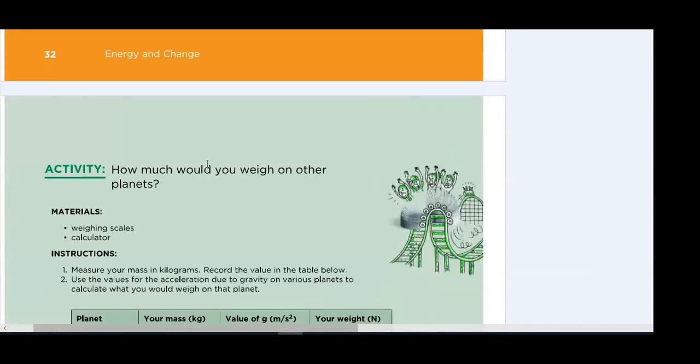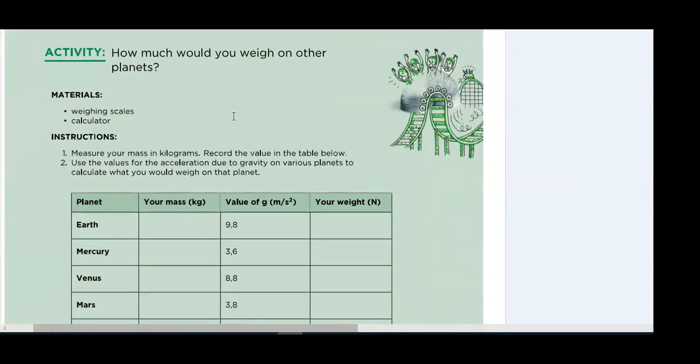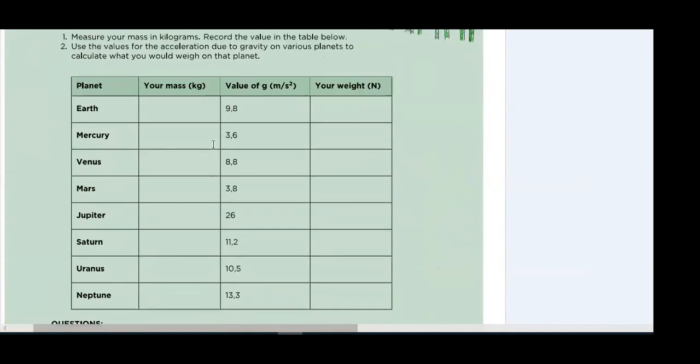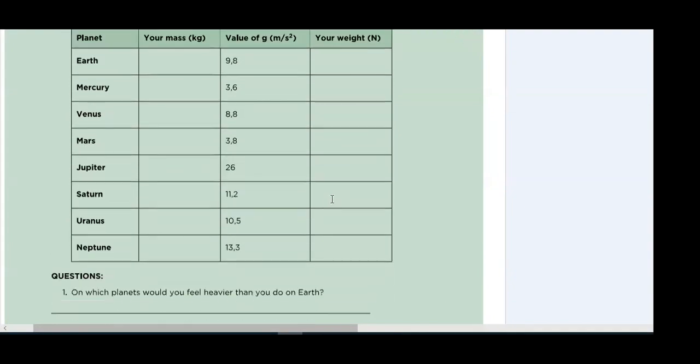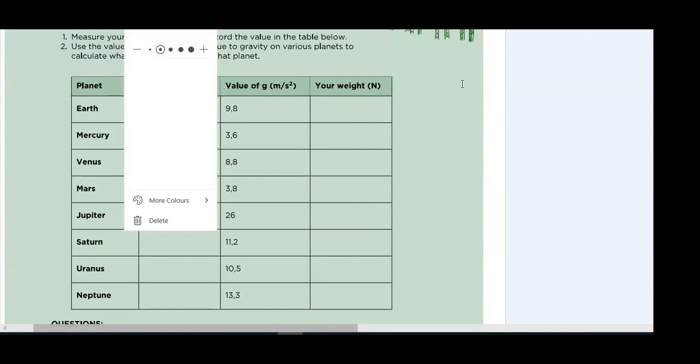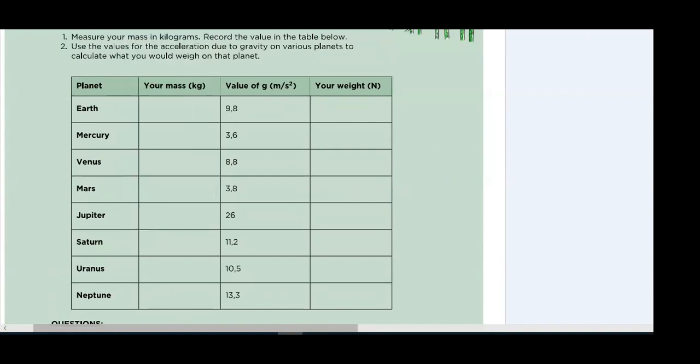Okay, so let's jump straight into the next activity, which is quite a simple one to do, but you need a calculator with you to do this. And I'm going to ask you to fill in your mass. I'm going to be ambitious and say, at the moment, I'm weighing about 70 kgs.